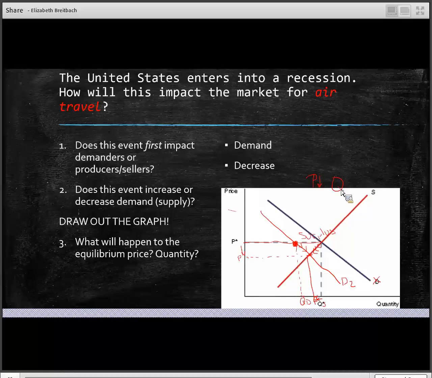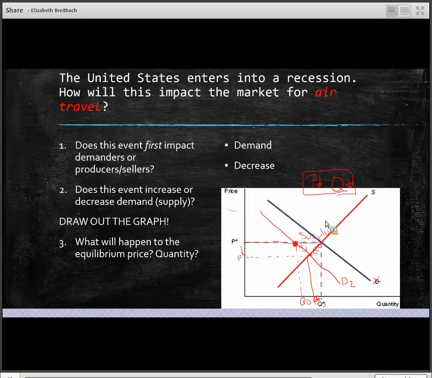So the decrease in demand has caused that price to fall, and as price falls, we start to see some of those sellers leaving the market, and it's going to cause our overall quantity bought and sold in the market to decrease.